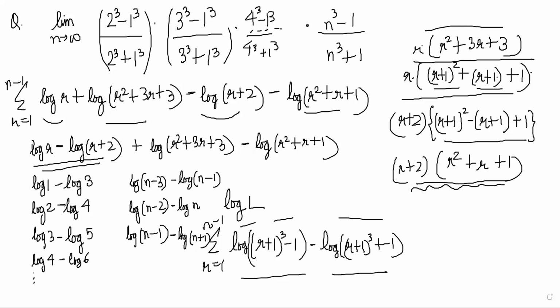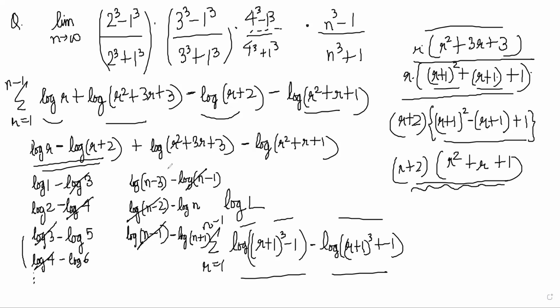Now notice that you are getting some cancellations here, this and this, right? This and this, right? Some cancellations are happening. So if you look at a series of 4 terms, the last two first parts will cancel with the previous two, right? For example, here also this is canceling, right?